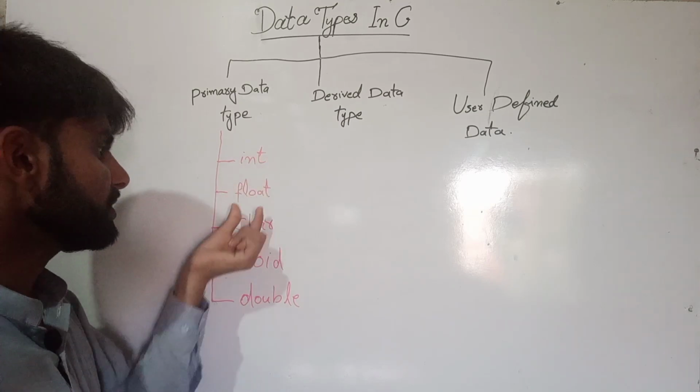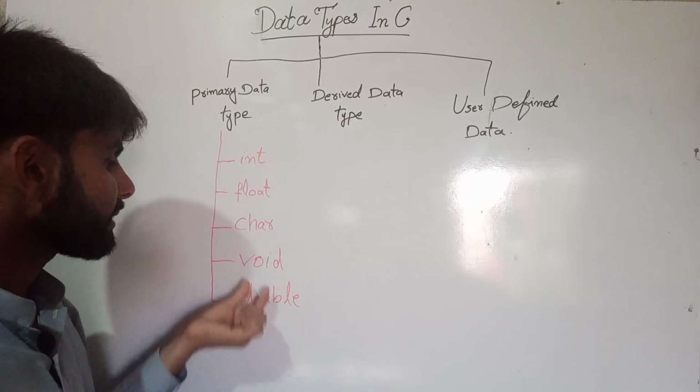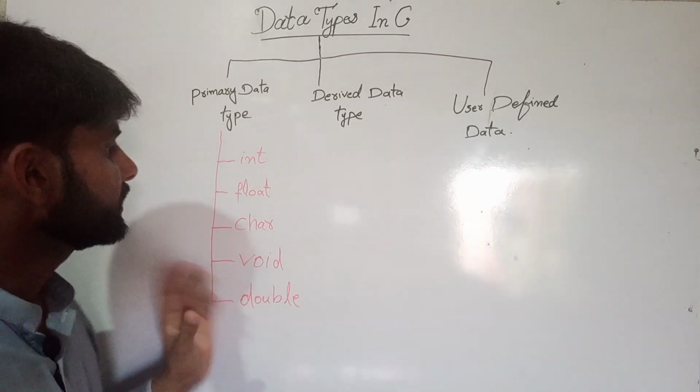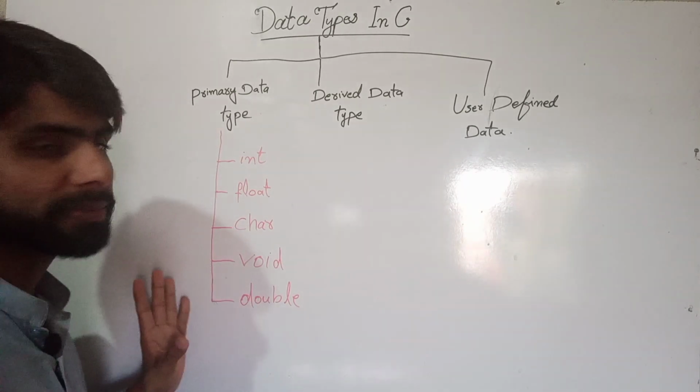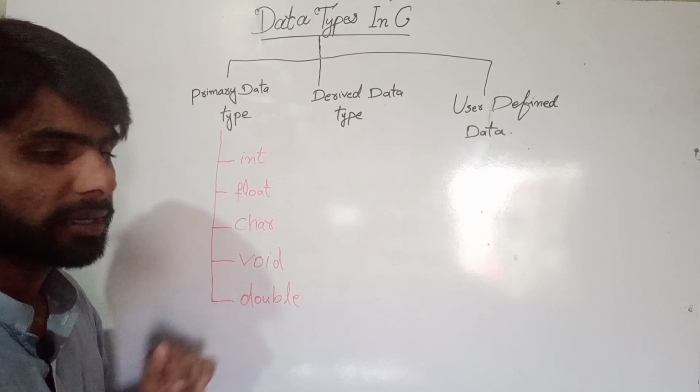These are predefined data types, already predefined, right? In the primary data types, the ones frequently used are int, float, char, void and double. These are 5 predefined data types, right?